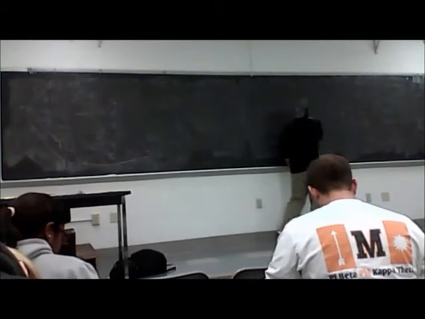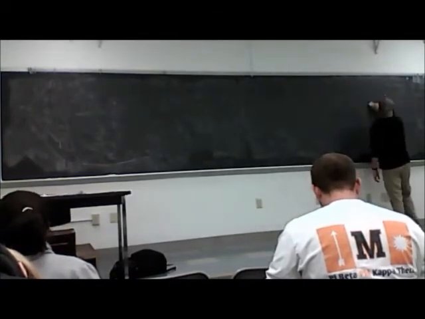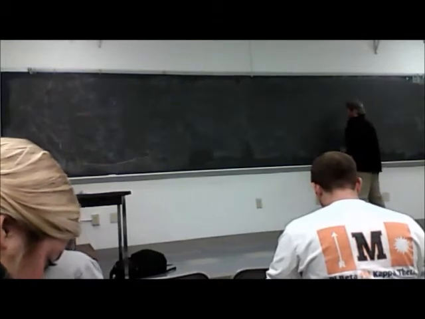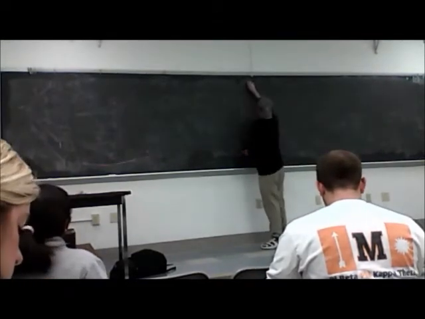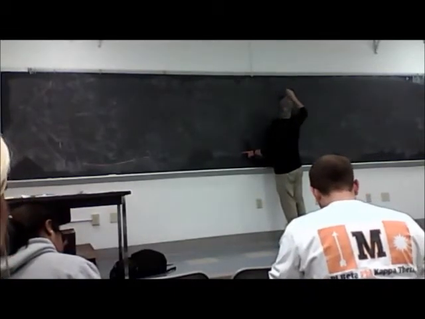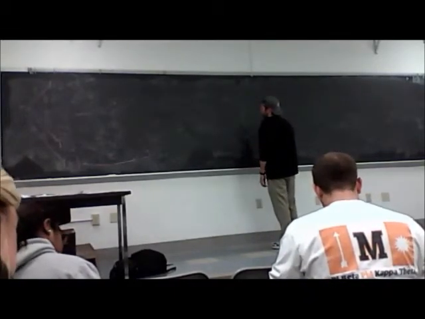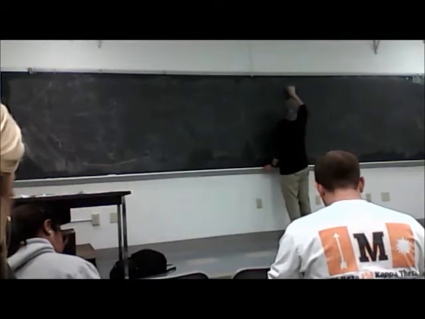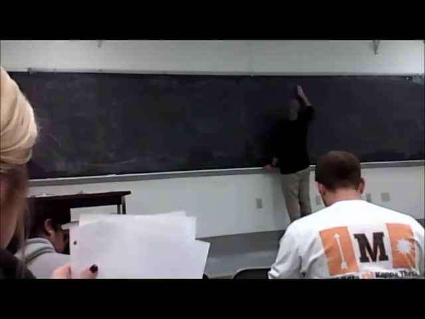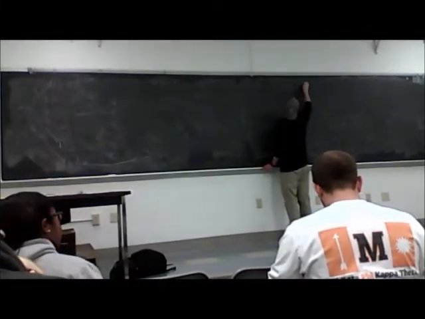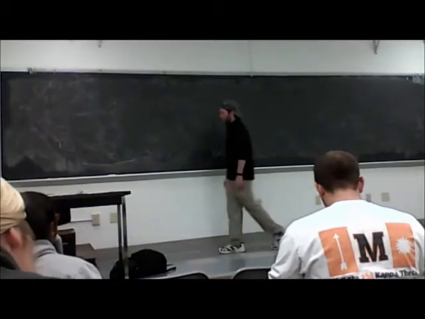So let's say I want the probability of 6 and then blue. This is the ordered pair 6B.